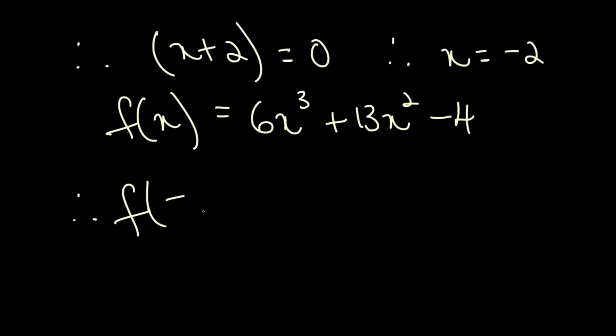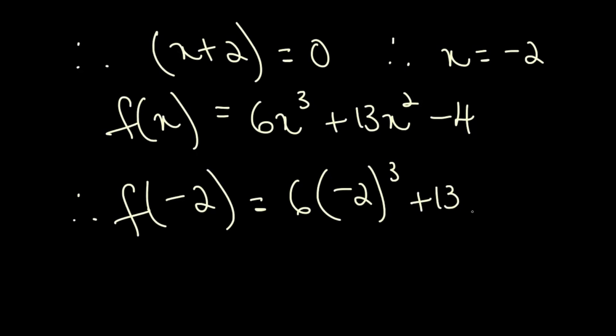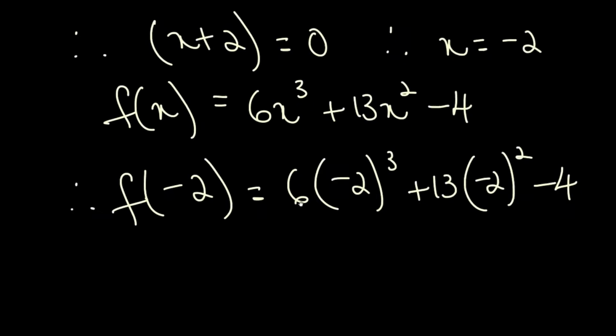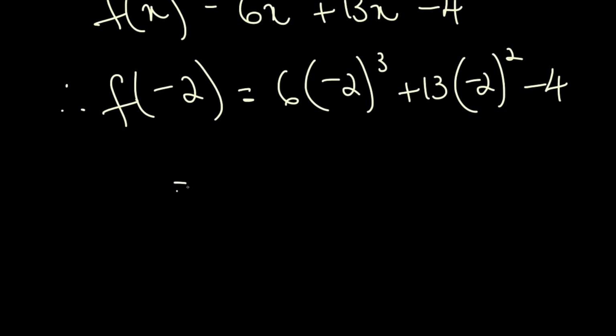Therefore, f of minus 2 should give us 6 times minus 2 cubed plus 13 times minus 2 squared minus 4. Again, this is C2. You do have a calculator, but I don't have that luxury on screen, so I'll go the old-fashioned way.